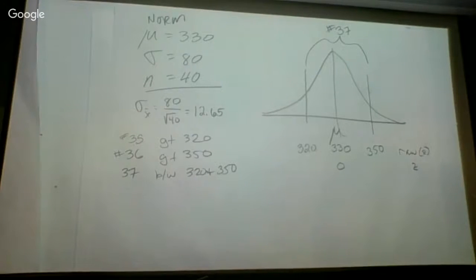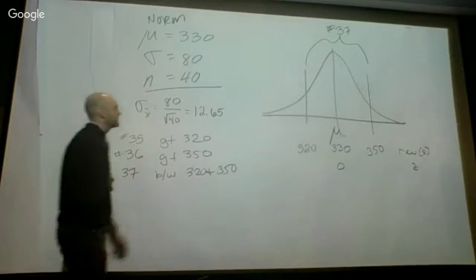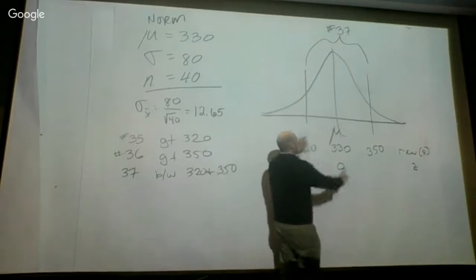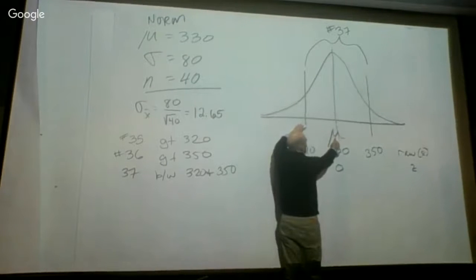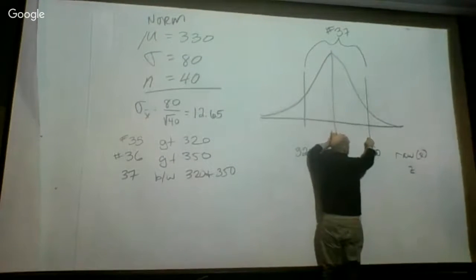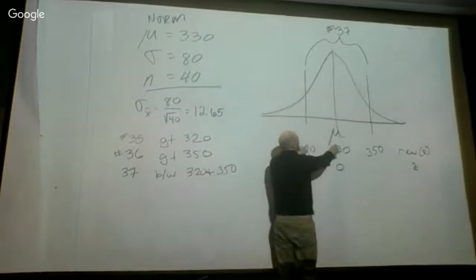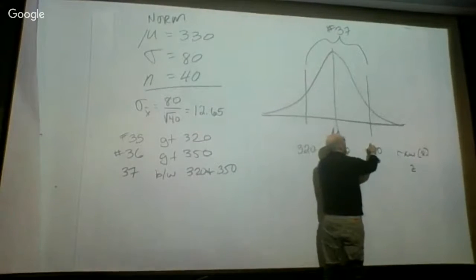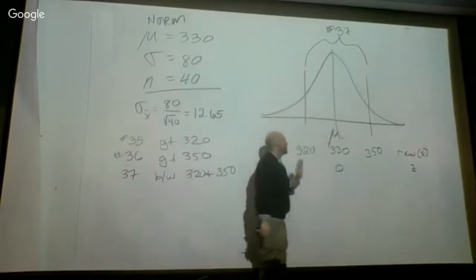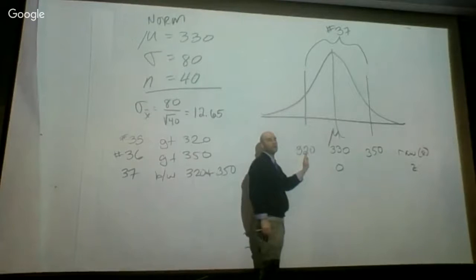Effectively, we're doing the same thing we did before, but in this case, note not to scale. Sampling error 10. Sampling error 20. This z-score is not the same as this z-score.